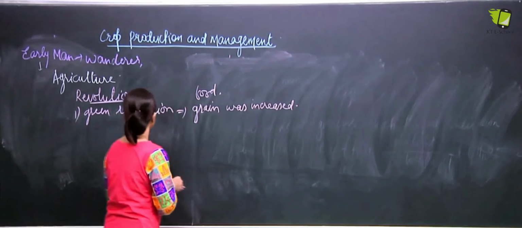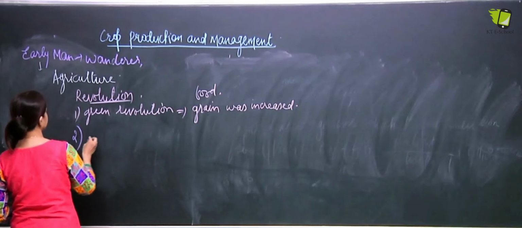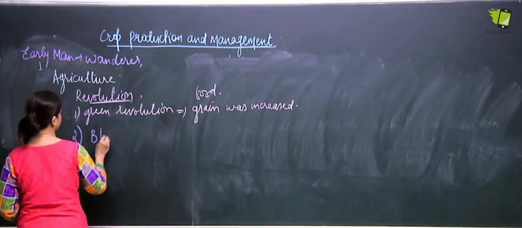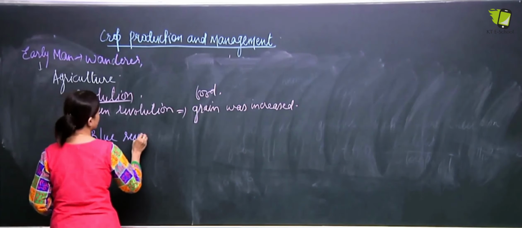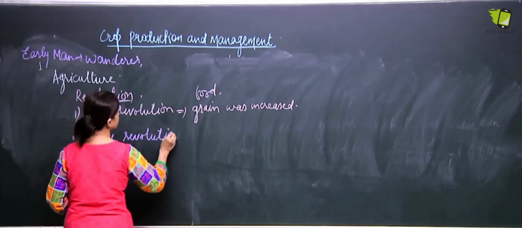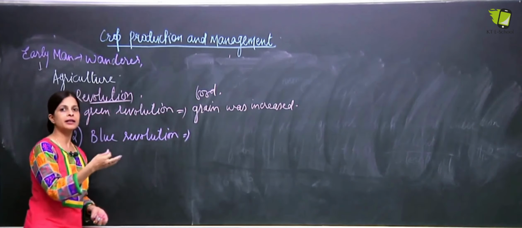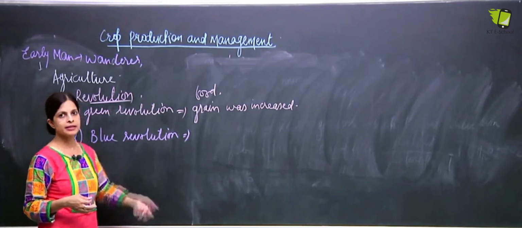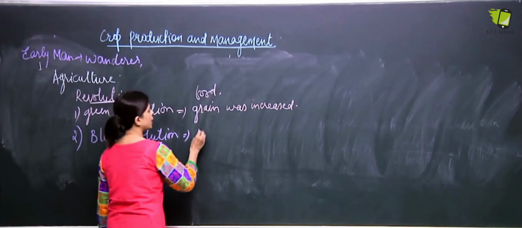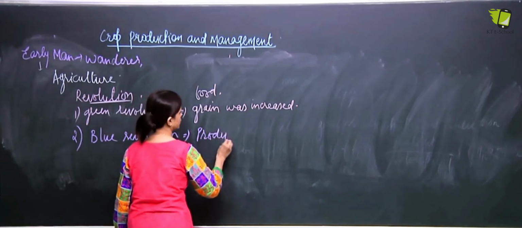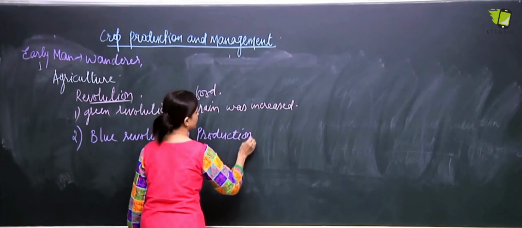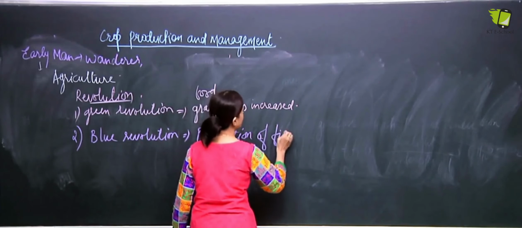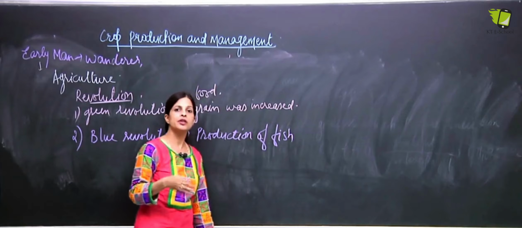Now second can be the blue revolution. I understand it is not related to agriculture, but still production of fish was focused on.